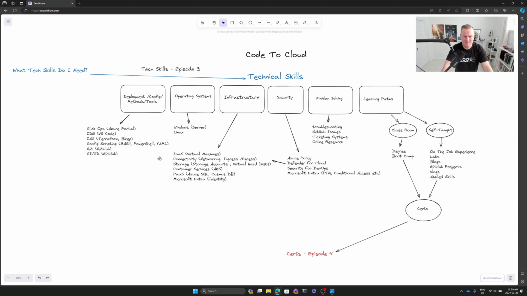It's overlooked. There's two operating systems you need to focus on. Windows, particularly Windows Server, and Linux. I'd say more Linux these days.